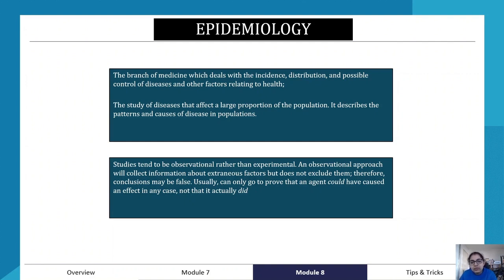With an observational approach, for example, we see in patients who have lung cancer that they had a big history of smoking. We can say that tobacco smoking potentially contributes to lung cancer, and studies over time have strongly indicated that.